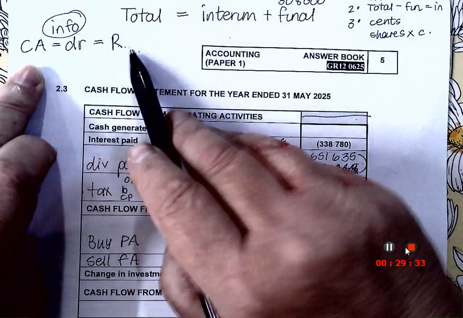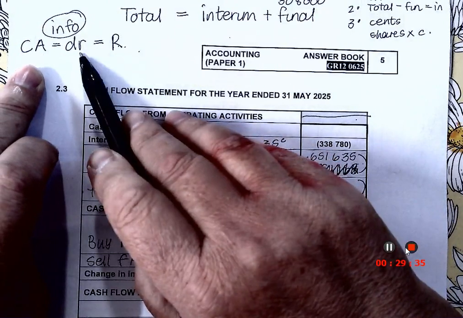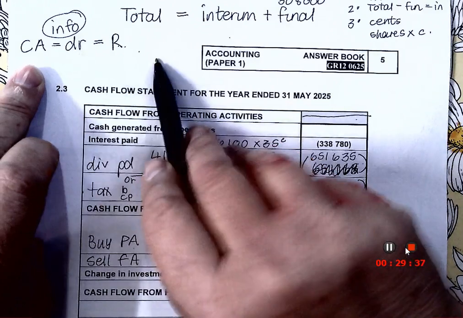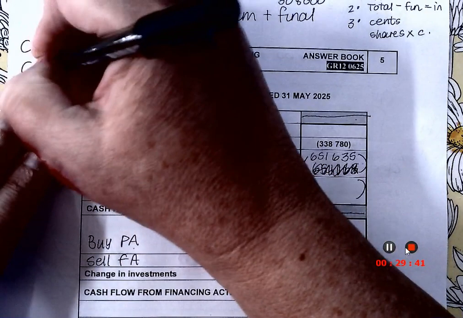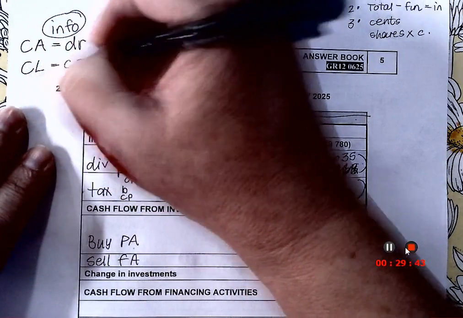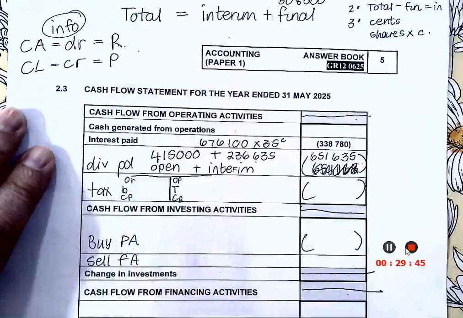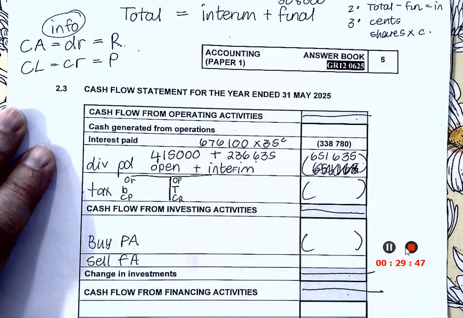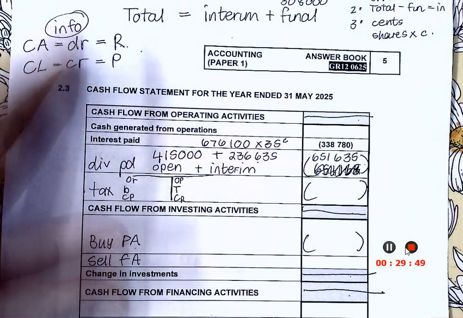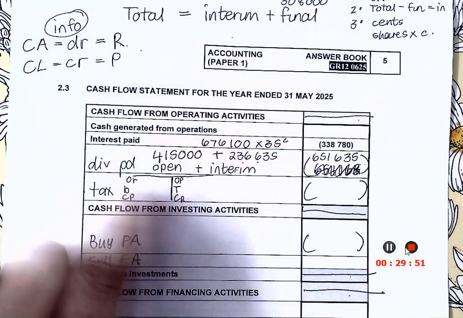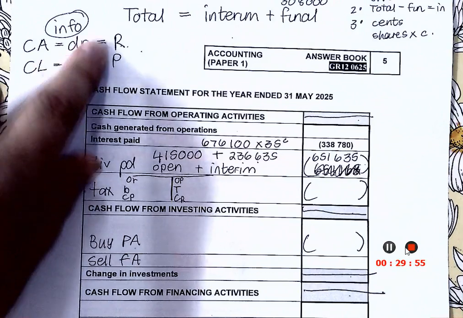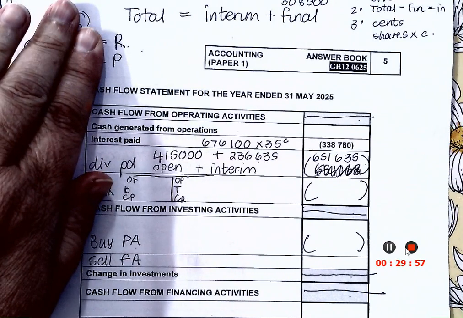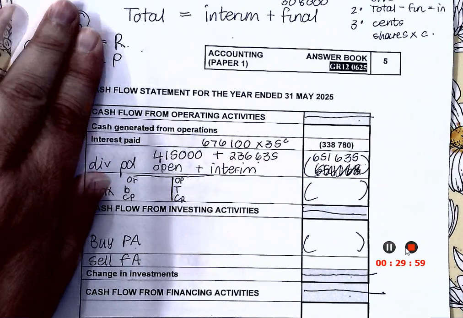If they give it to you as a debit balance, it's a receivable. If they give it to you as a current liability or a credit, it's a payable. This isn't necessarily the sides in the T. This just tells me if it's a receivable or a payable.